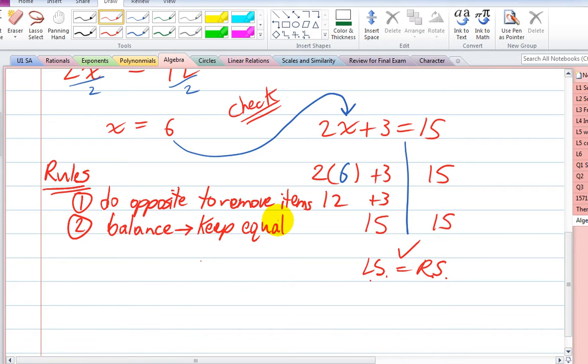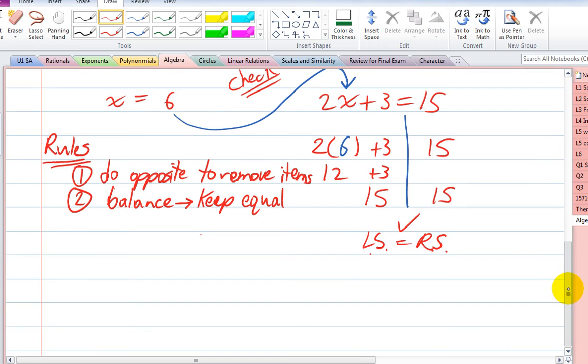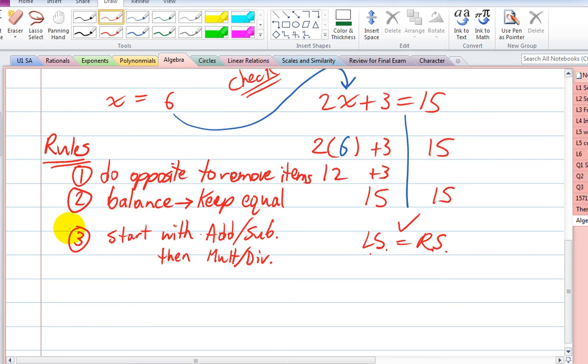Always start with add, subtract, and then you're looking to multiply, divide. If you can do those 3 things, you can't get a question wrong.